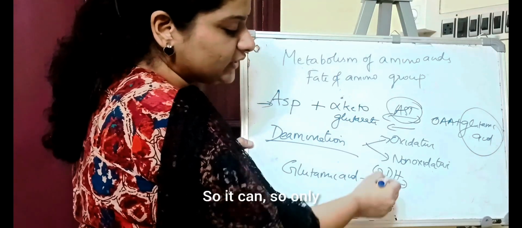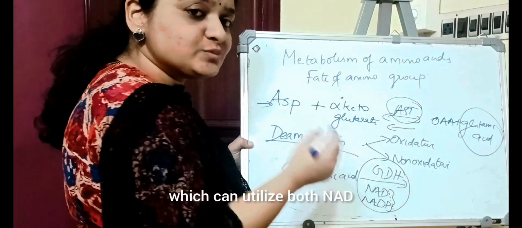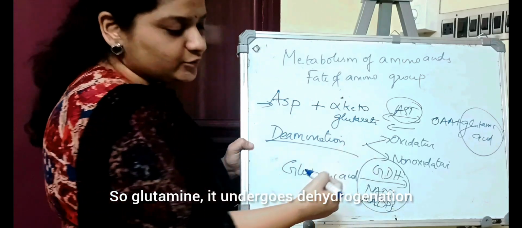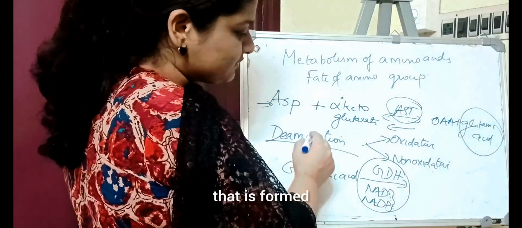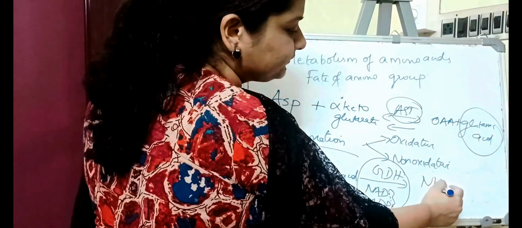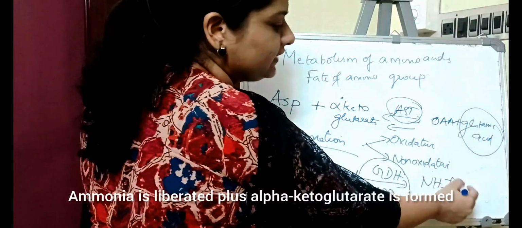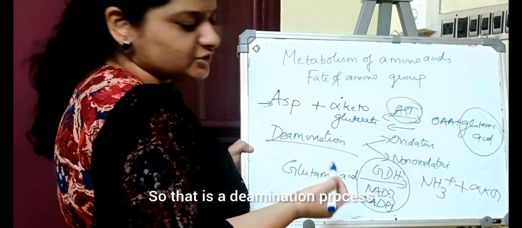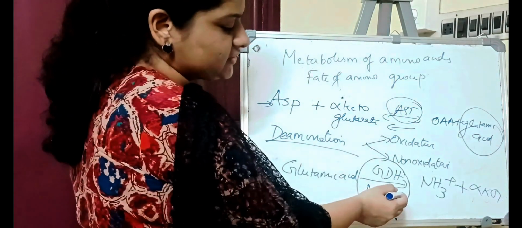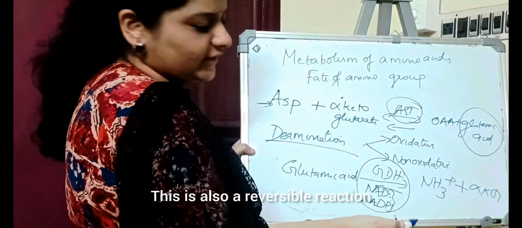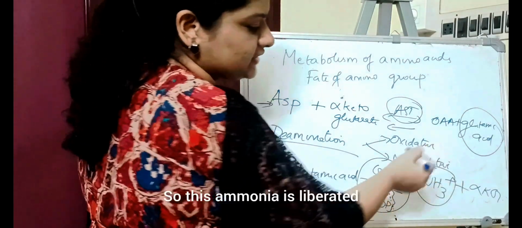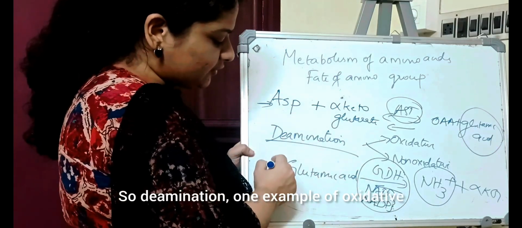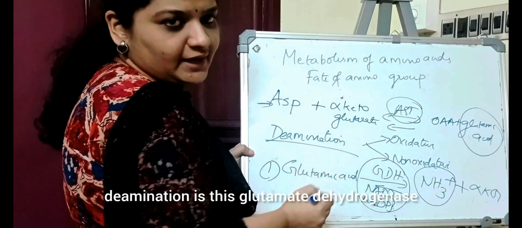It is one of the rarest enzymes which can utilize both NAD and NADP as its coenzyme. Glutamate undergoes dehydrogenation and we get ammonia liberated, plus alpha ketoglutarate is formed. So that is the deamination process by glutamate dehydrogenase. This is also a reversible reaction. The ammonia liberated enters the urea cycle.